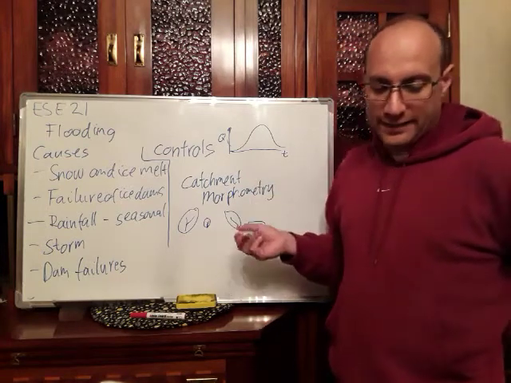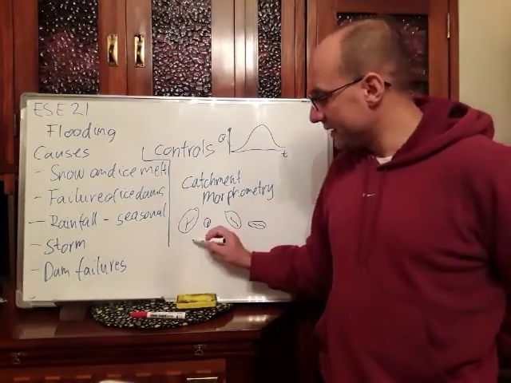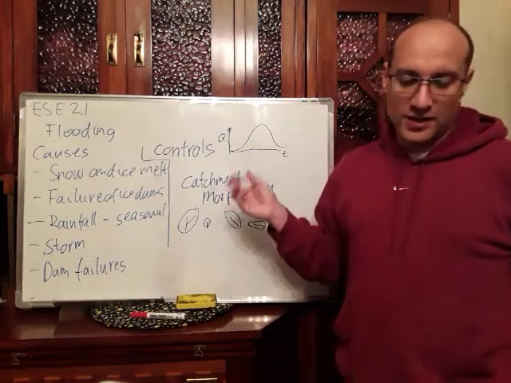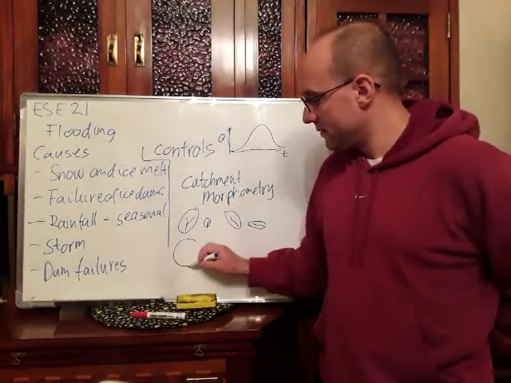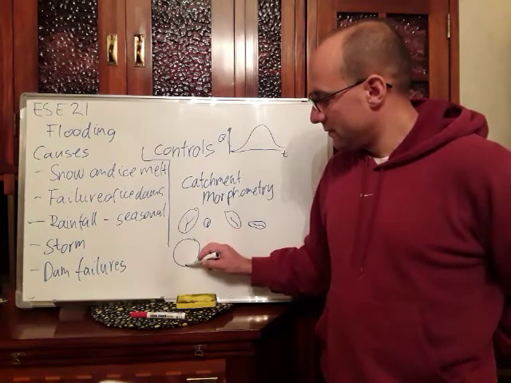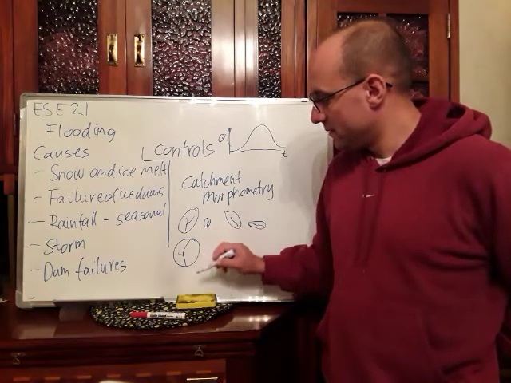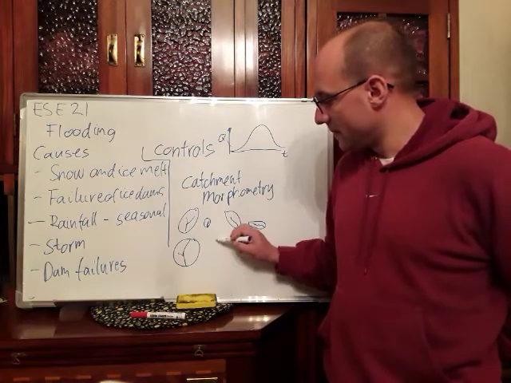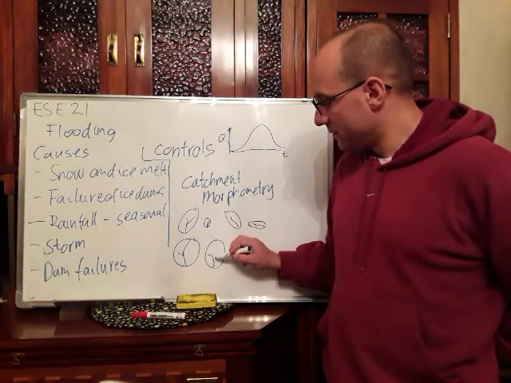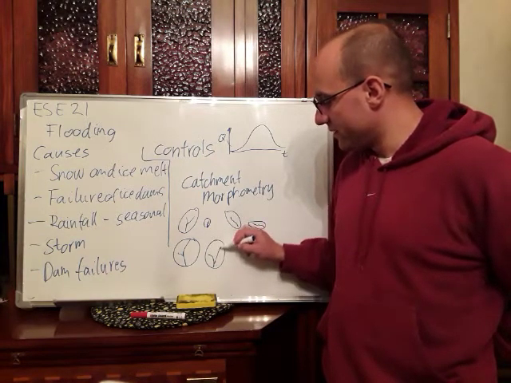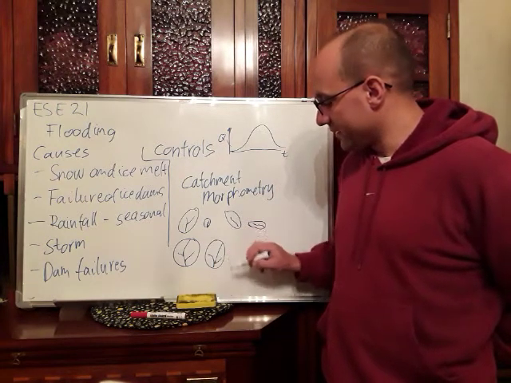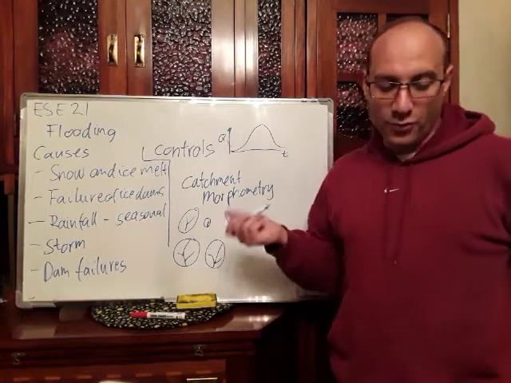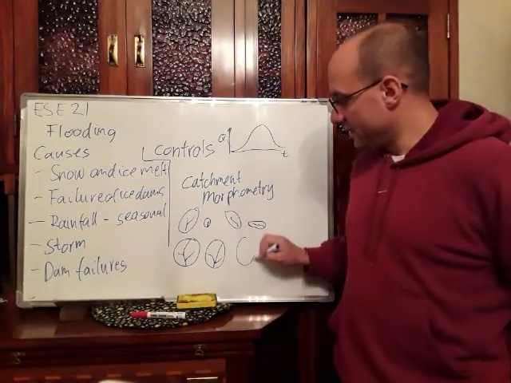We also had the shape of the river network, how tributaries are connected, and also there would be a density.